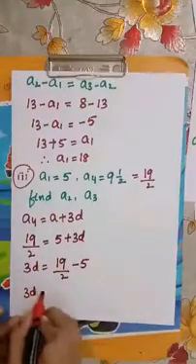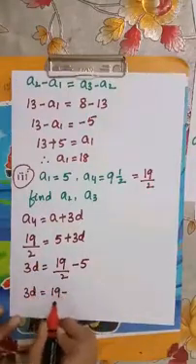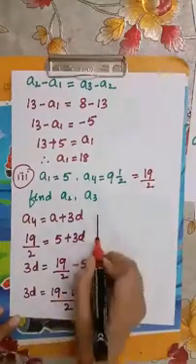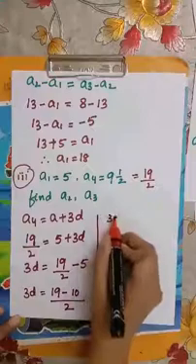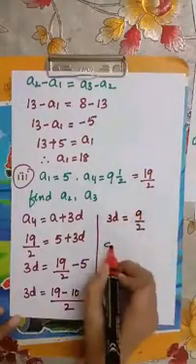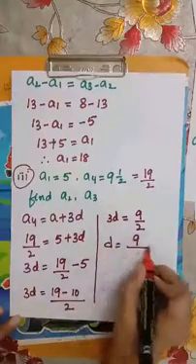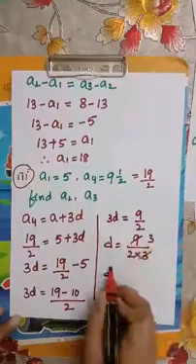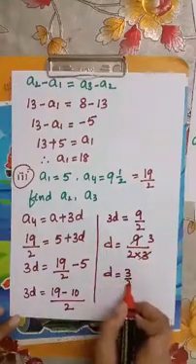So 3D is equal to 19 minus, take LCM, 5 2s are 10, by 2. 3D is equal to 9 by 2. D is equal to 9 by 2 into 3. 3 ones are 3, 3 threes are 9. D value we got as 3 by 2.